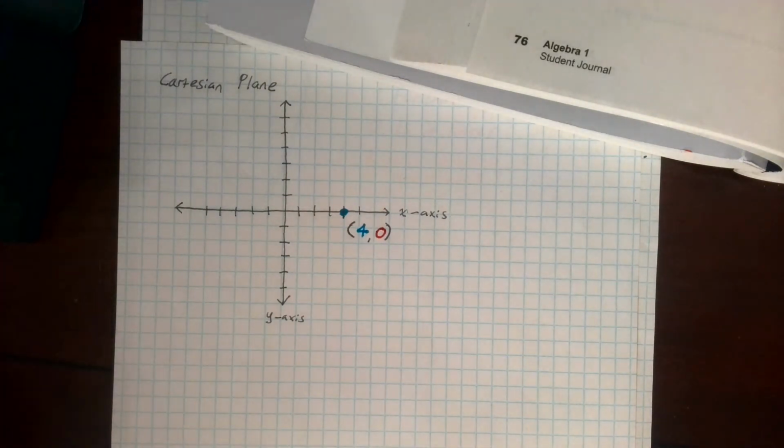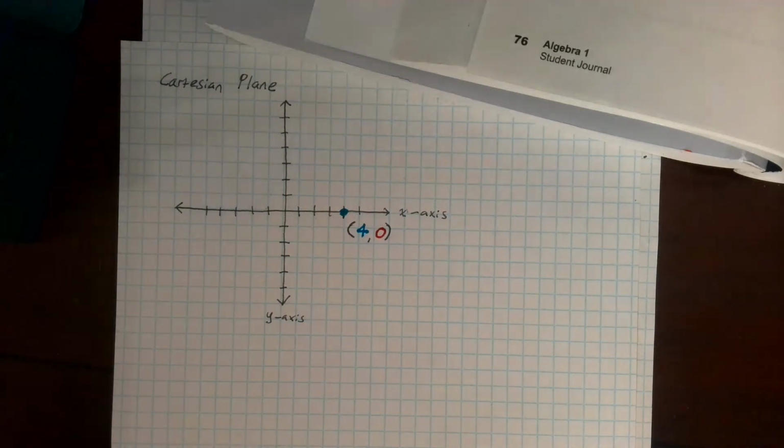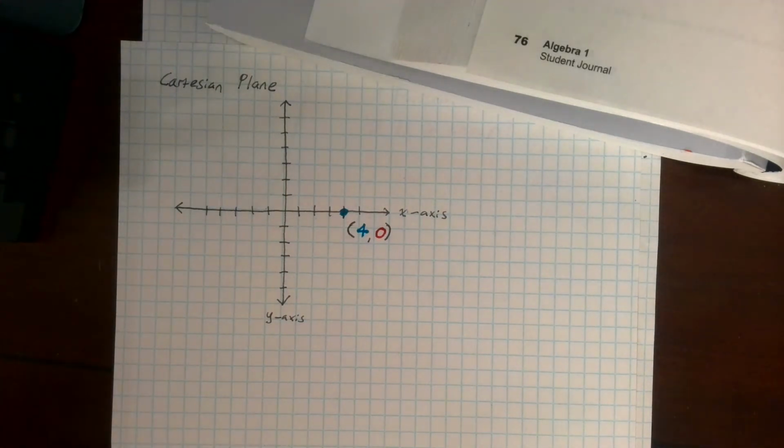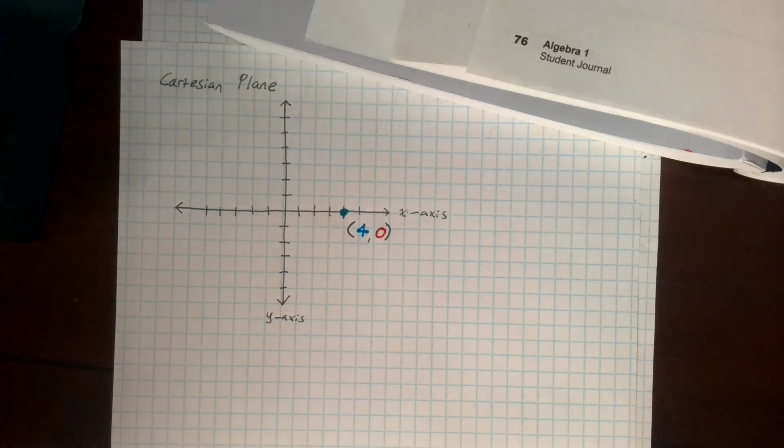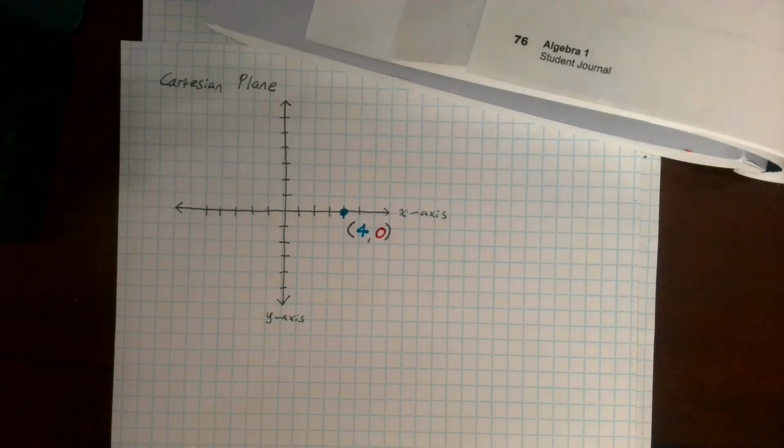Here's a question for you. Based on this point alone, do I know what a line that I want to make would look like? Again, if I wanted to make a line based off of this point, do I know what that line looks like yet? The answer is no. I might have some guesses.